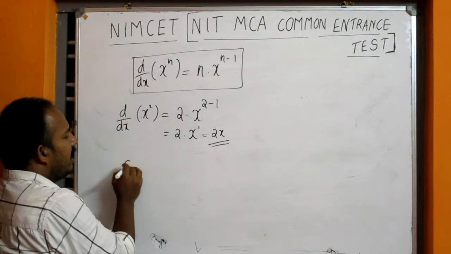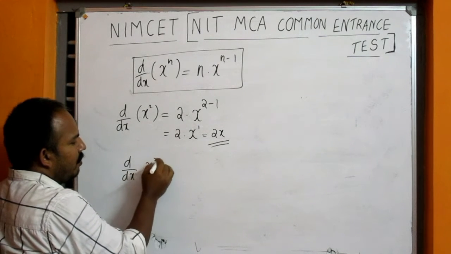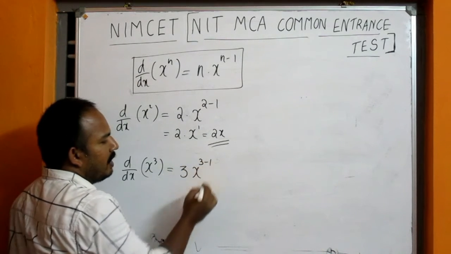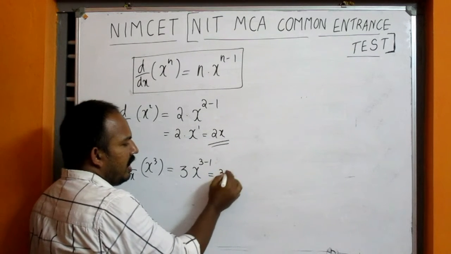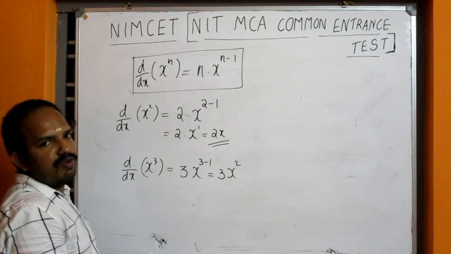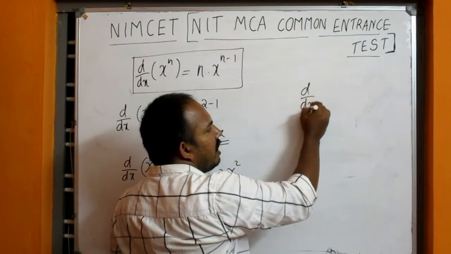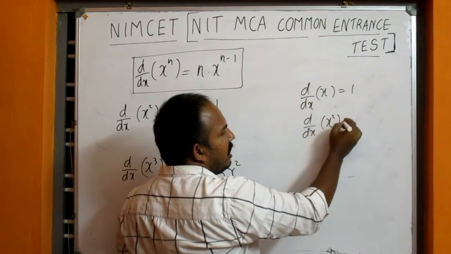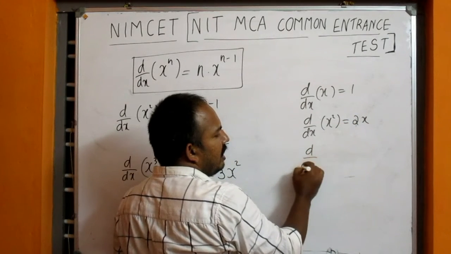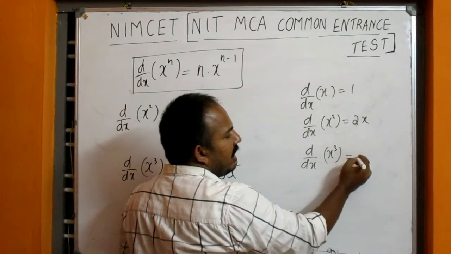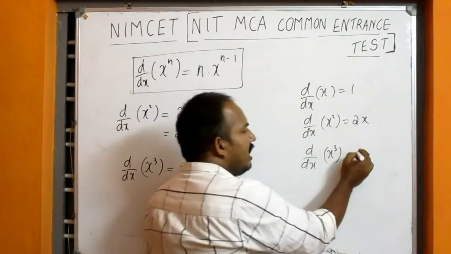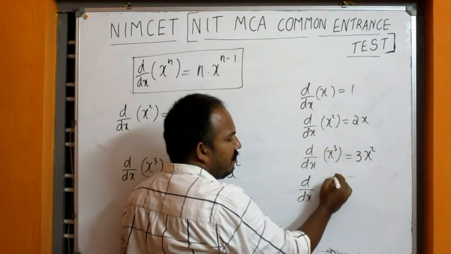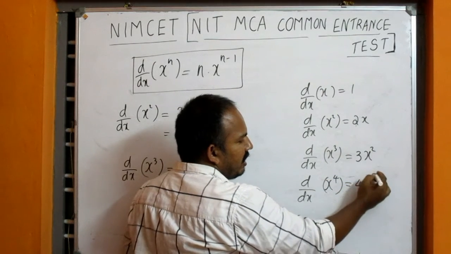Similarly, d by dx of x cube is 3 into x raised to 3 minus 1, equal to 3x square. So d by dx of x is 1, d by dx of x square is 2x, d by dx of x cube is 3x square, and d by dx of x raised to 4 is 4x cube.